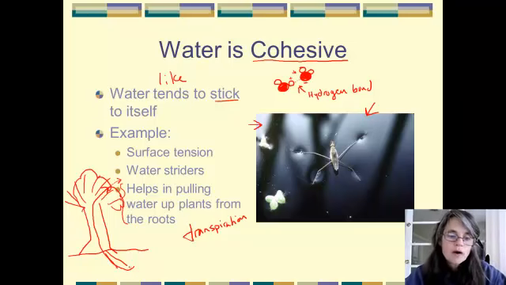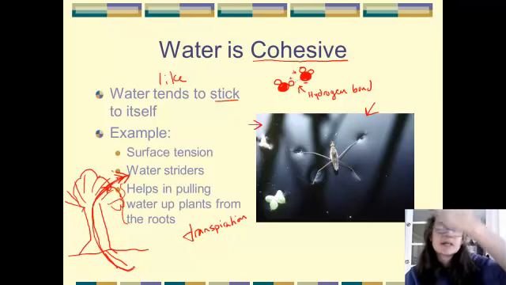But because water molecules cling to each other, when a water molecule leaves from a leaf, it pulls the other water molecules up behind it that are kind of holding hands with each other, so to speak. And so the water is pulled ultimately all the way from the soil up through the tree, up through the stems, the branches, and out through the leaves.